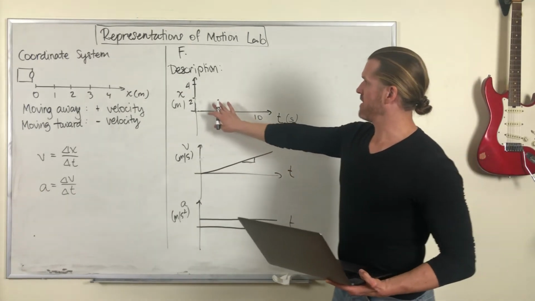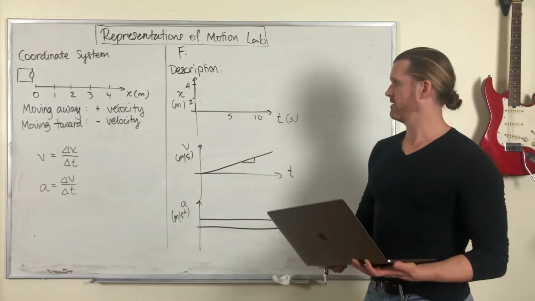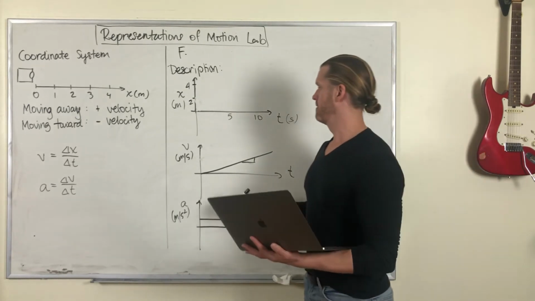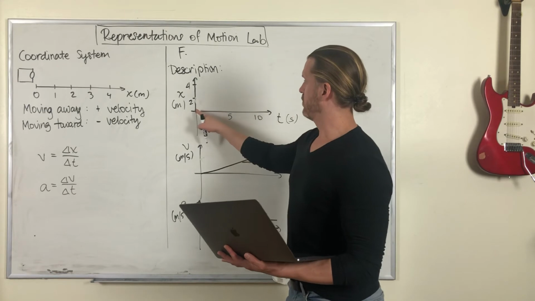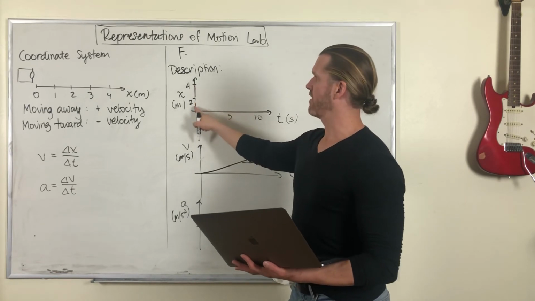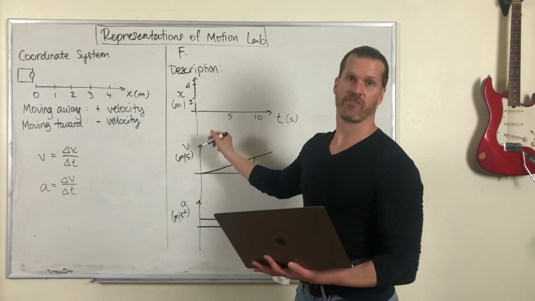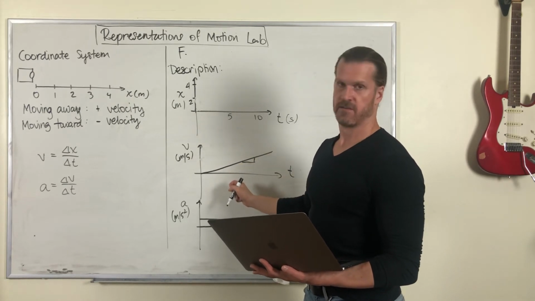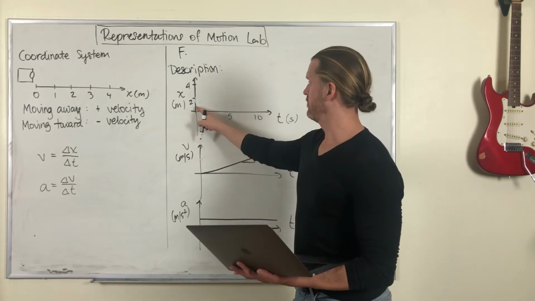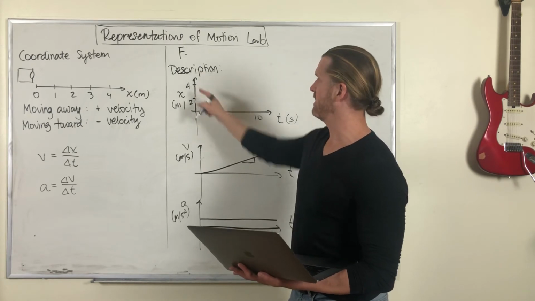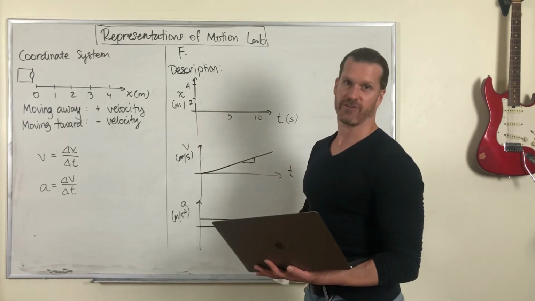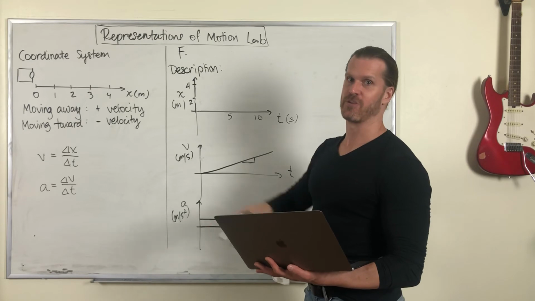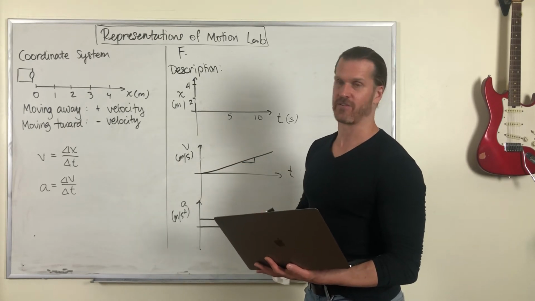All right, so let's make the position graph. Now, we don't know where the object starts. In fact, it's arbitrary. It could start at any position, and as long as you keep moving away at increasing speed, this will work.